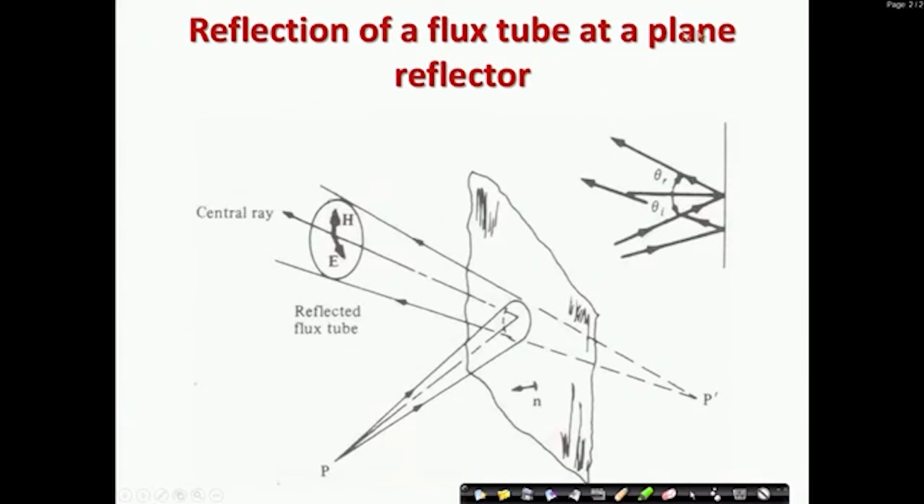Whatever I said, that reflection of a flux tube, if you have a plane reflector, then this is the incident flux tube, and then this is the reflected flux tube. What I said, this is the central ray, there are other rays, these are the two edge rays. So, you see that E and H fields are orthogonal. So, E, H and the ray form a triplet. So, this is a plane reflector, but we do not have a plane reflector.